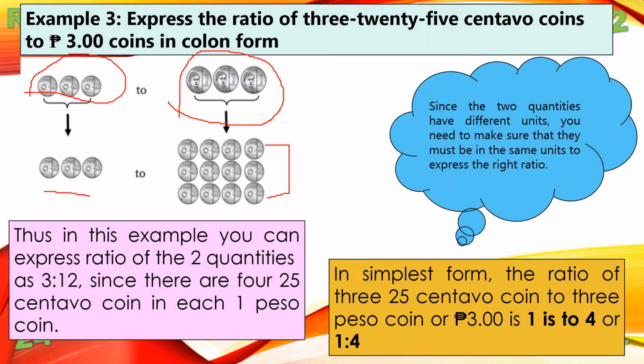In simplest form, the ratio of 3 25-centavo coins to 3 pesos is 1:4. So the answer is 1:4.